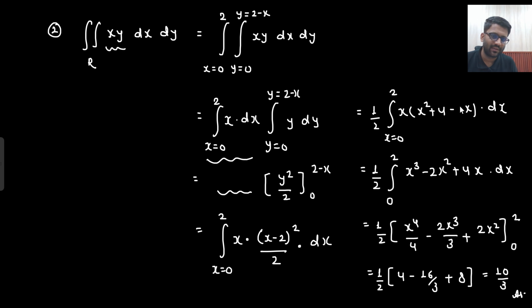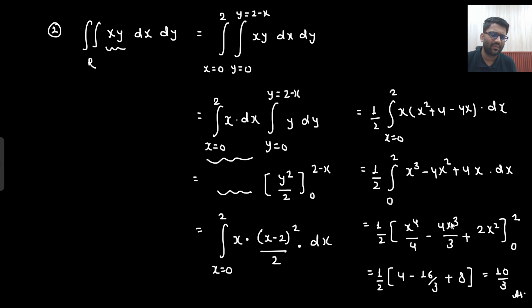So x cube minus 4x square plus 4x dot dx, x to the power 4 divided by 4, 4x to the power 3 divided by 3, 1 by 2 is outside.